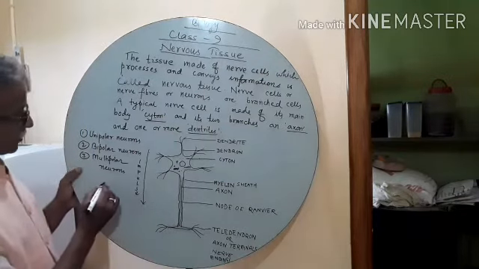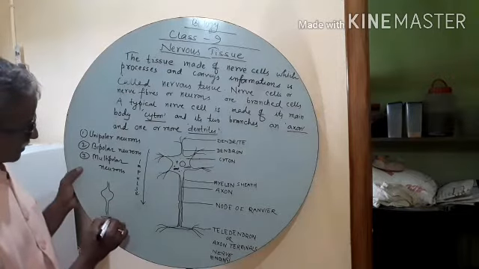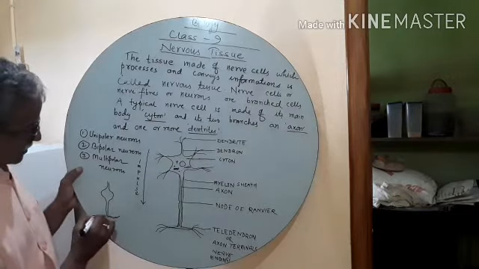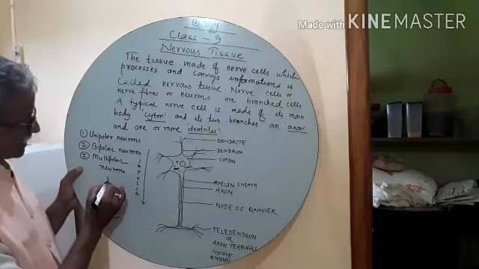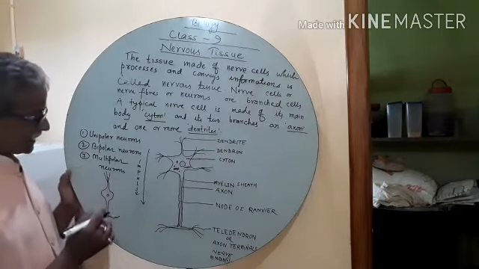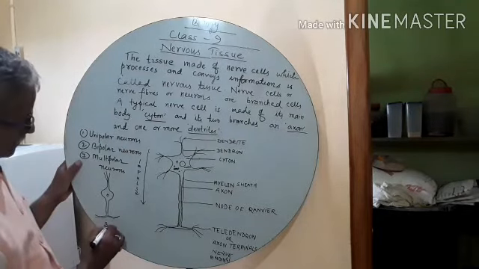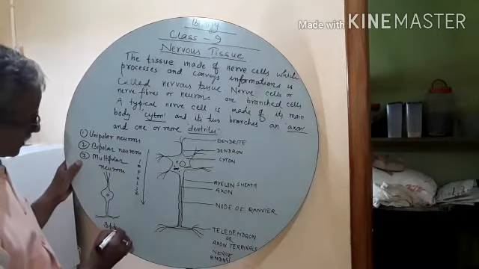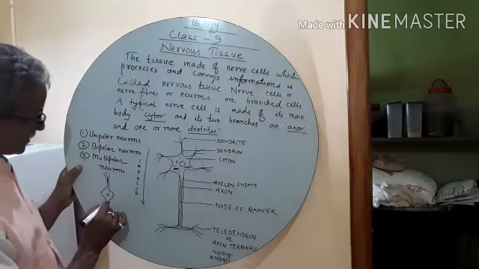A bipolar neuron is just like this, which has an axon and a single dendron with dendrites. This is a bipolar neuron because there are two poles, an axon and a dendron.